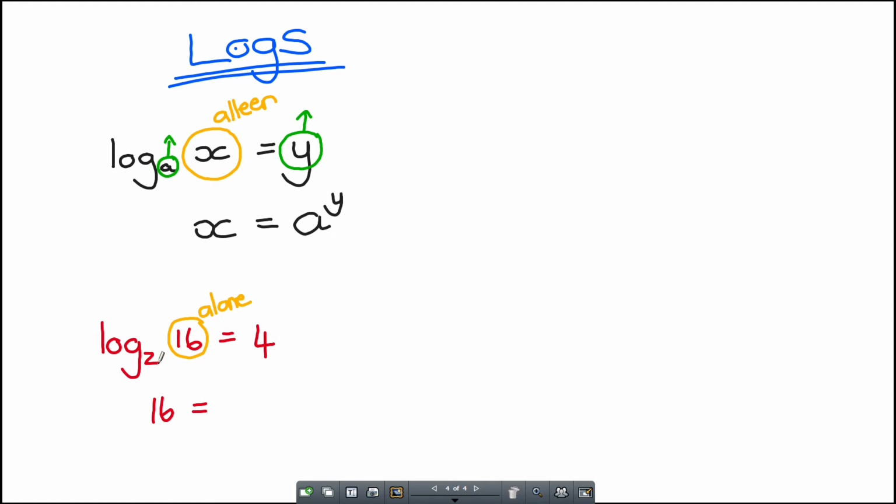Then the 2 pushes up and becomes a whole number. Whoops, oops. The 4 pushes up and becomes a exponent. Do you guys understand? Nee, is dit maklik genoeg?